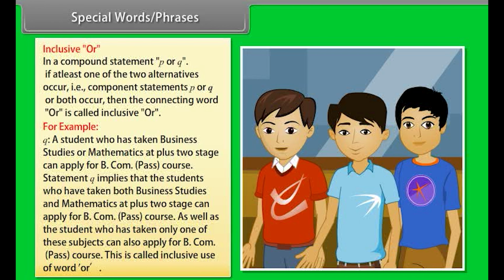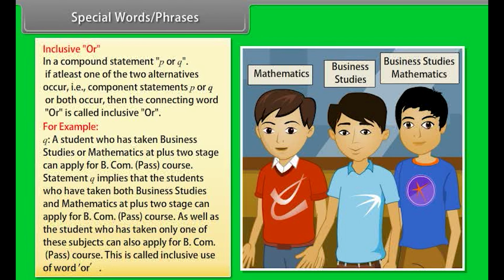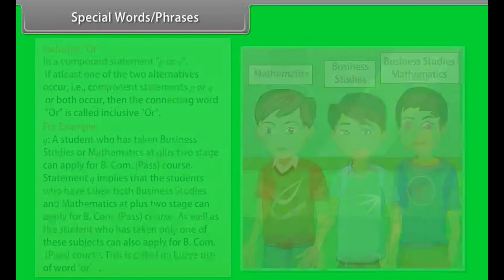Statement Q implies that students who have taken both business studies and mathematics at +2 stage can apply for BCom Pass course, as well as students who have taken only one of these subjects. This is called inclusive use of the word or.